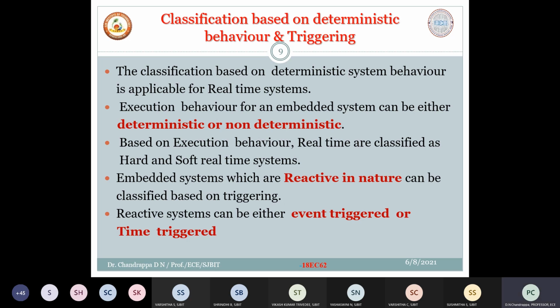So what do you mean by deterministic behaviors? This deterministic behavior is applicable only in the case of real-time systems.